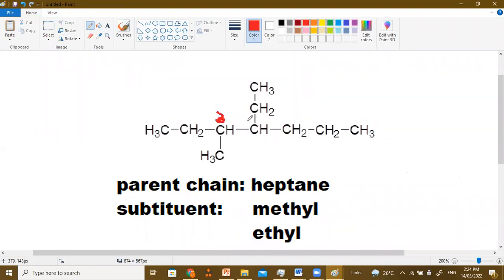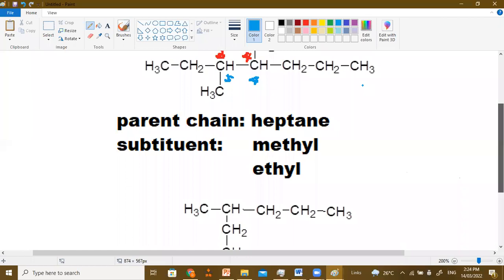This is our carbon 4. Start counting from the right: we have carbon 1, 2, 3, 4, and 5. Now, when we name our substituents, we always alphabetize.